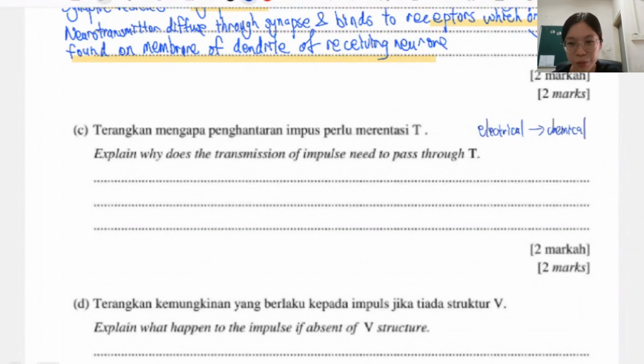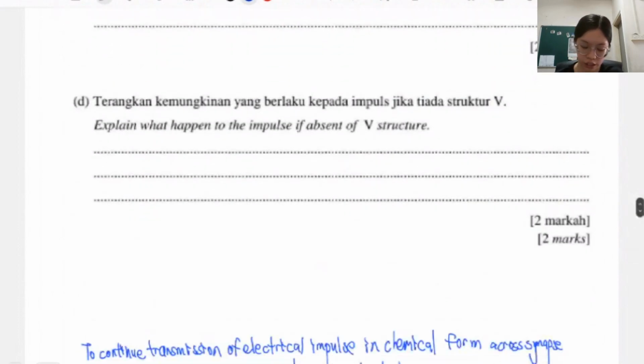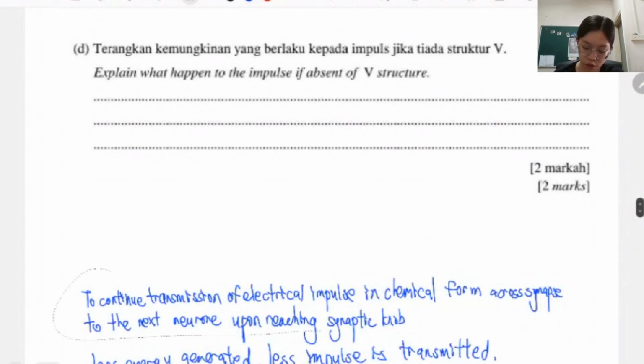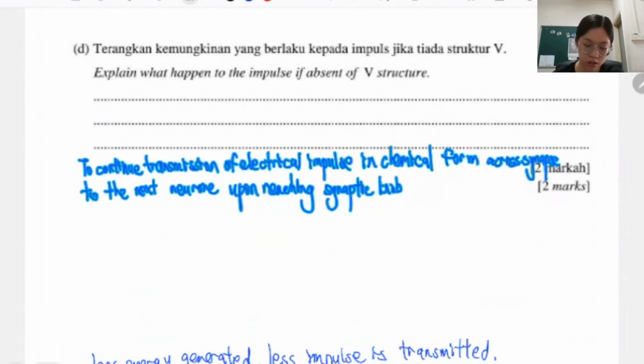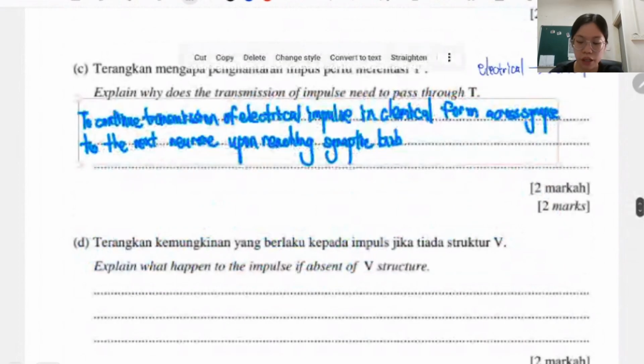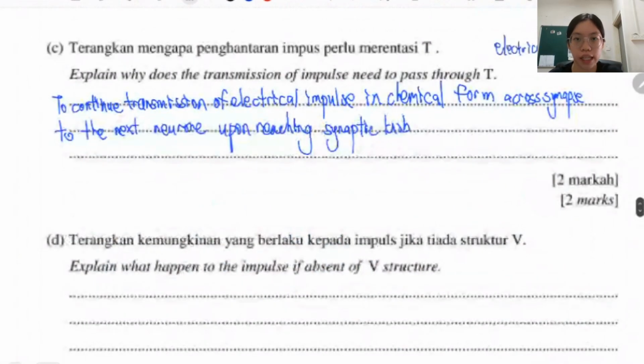So the answer is to continue transmission of electrical impulse in chemical form across the synapse to the next neuron. Continued transmission of electrical impulse is what you get 1 point for.